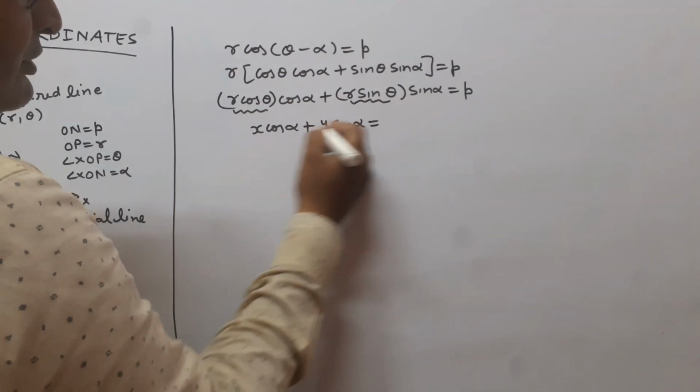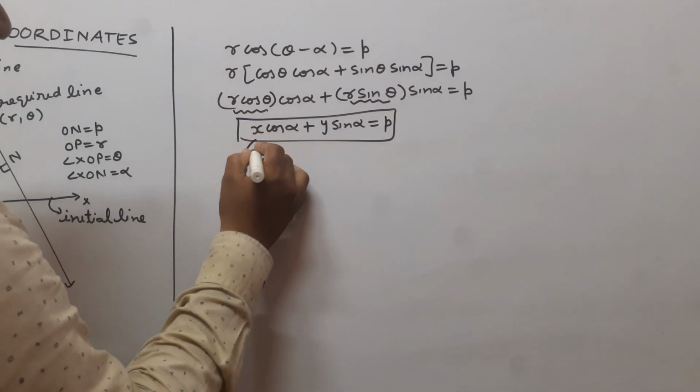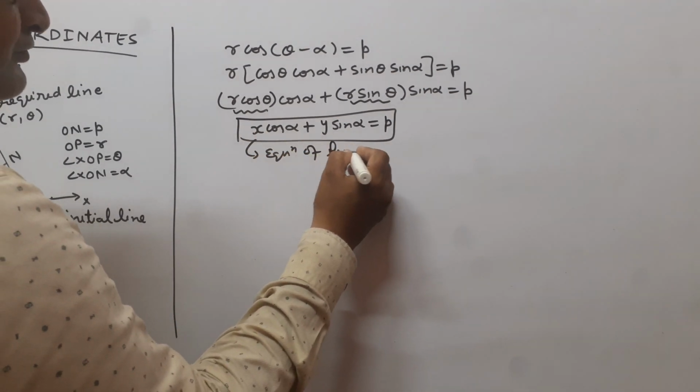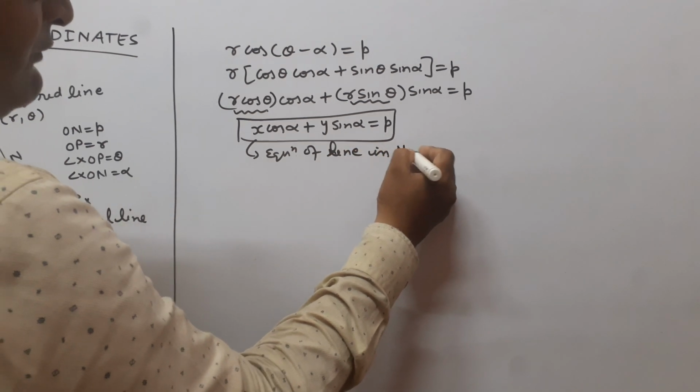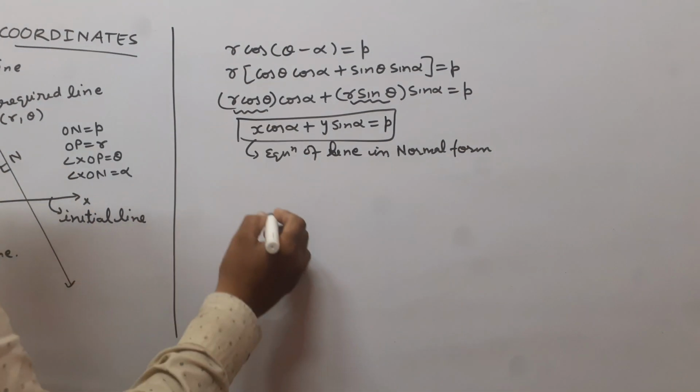So x cos alpha plus y sin alpha is equal to P. This is the equation of a line in normal form. This is the Cartesian form.